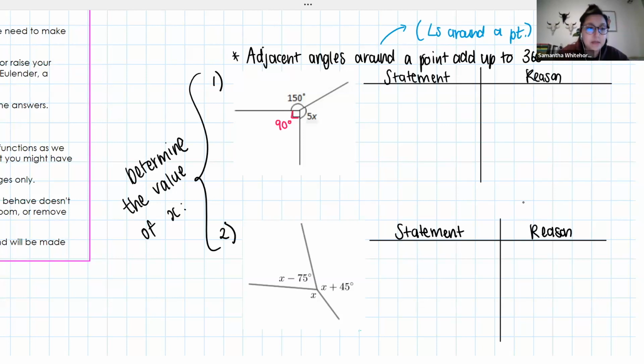I'll give you another minute, although it looks like we've only done question 1, so I might need to give you another 2 or so.